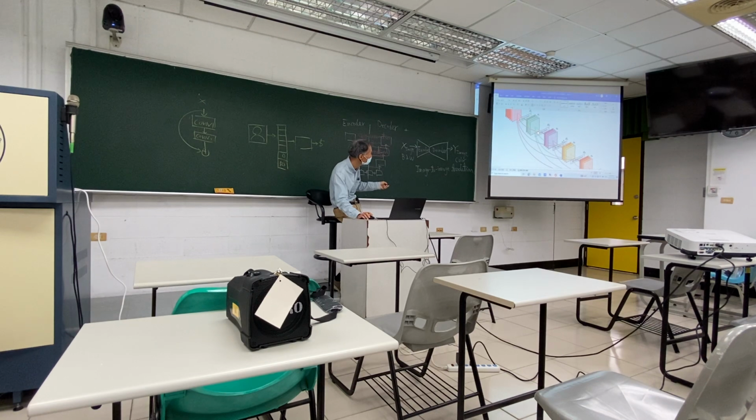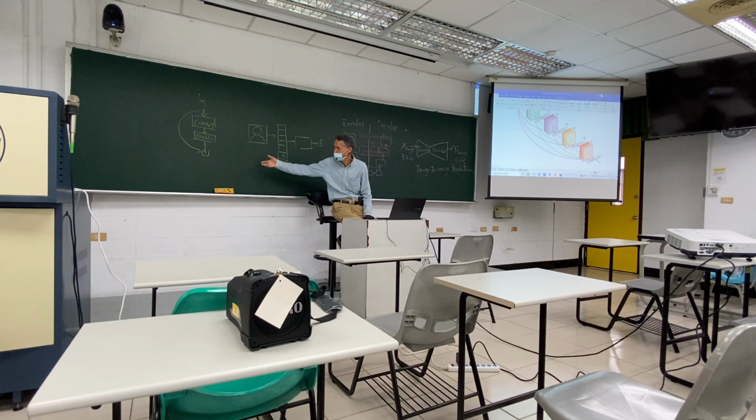Then you will connect to the next, and then the next one here. That's the only difference for the DenseNet. So it's more dense compared to the residual net, right? That's the only difference.